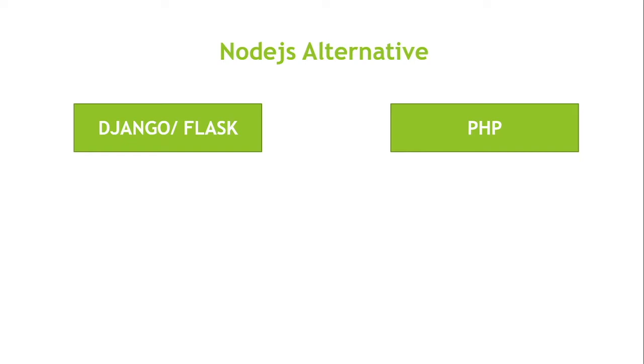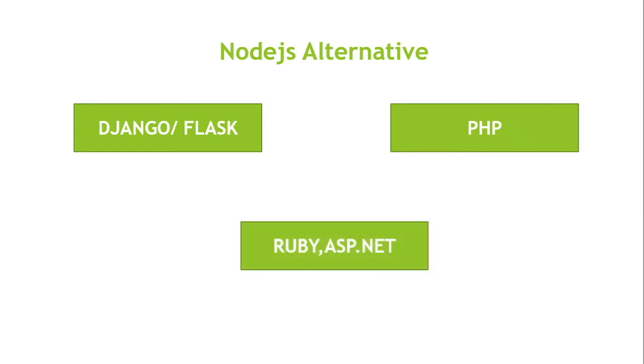For example, in Django we use Python. In PHP we use vanilla PHP, or normal PHP, you can say. PHP also has other frameworks we can use to create a server, like Laravel and others. So we can use simple PHP or its frameworks to do the same thing which Node.js is doing. And there are other options like Ruby and ASP.NET.